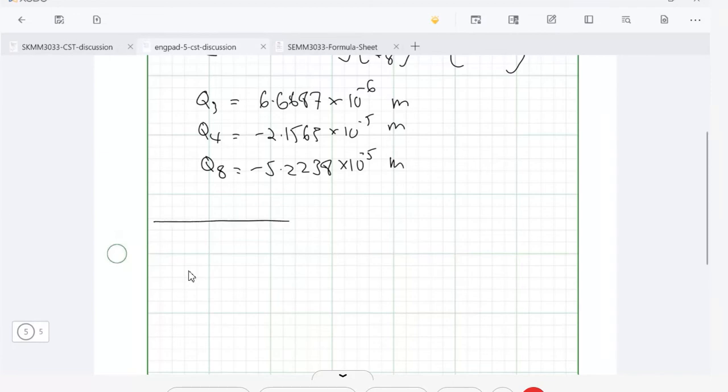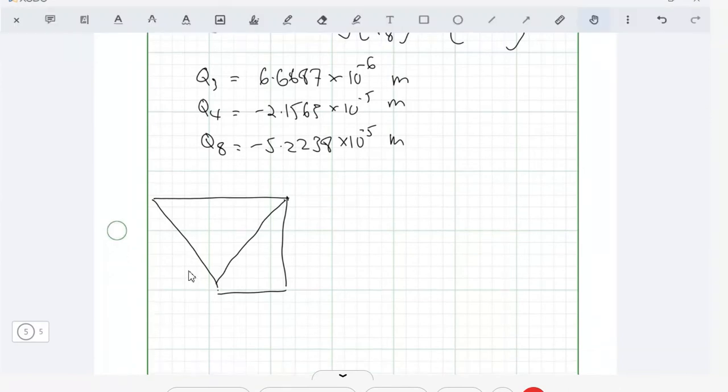So let's say this is before loading, and this is our Q1, Q2, Q5, Q6, and this is our Q3 and Q4. So Q3 moves positively, which means after the loading, this is what happened.